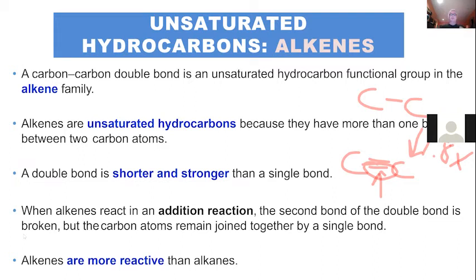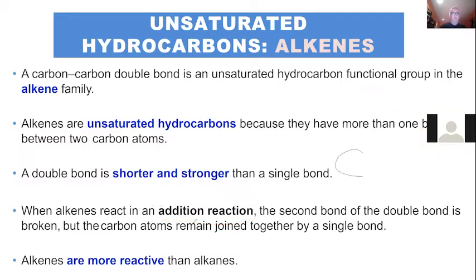So some of the reactions that these double bonds engage in are pretty much all called addition reactions, where you have your carbon-carbon double bond. One of them gets broken, and that leaves electrons available to form a bond here and a bond there.